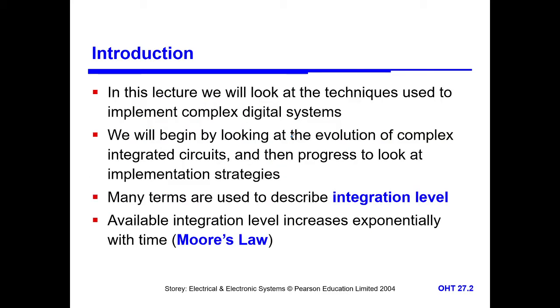Now I am going with the introduction. In this lecture we will see the techniques used to implement the complex digital system. The point is very clear that we have been getting digital systems on a single chip. The best example is the CPU, central processing unit.